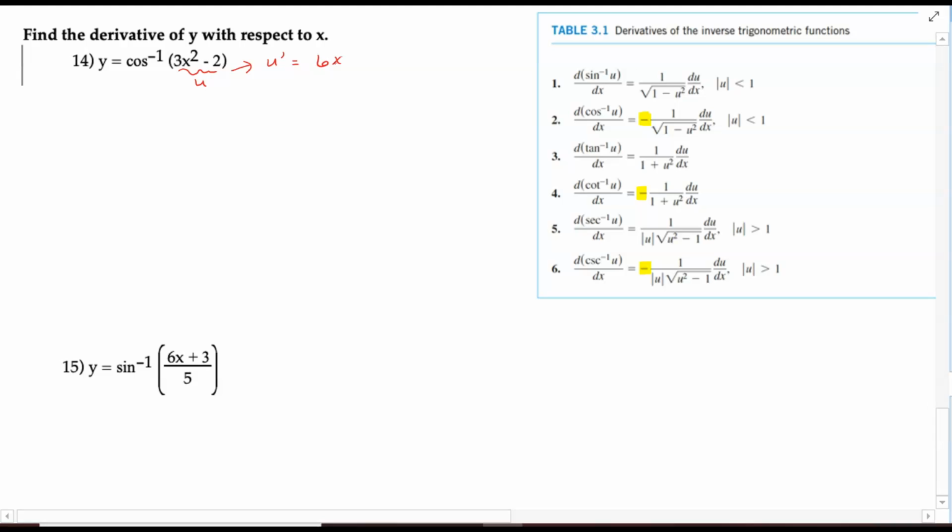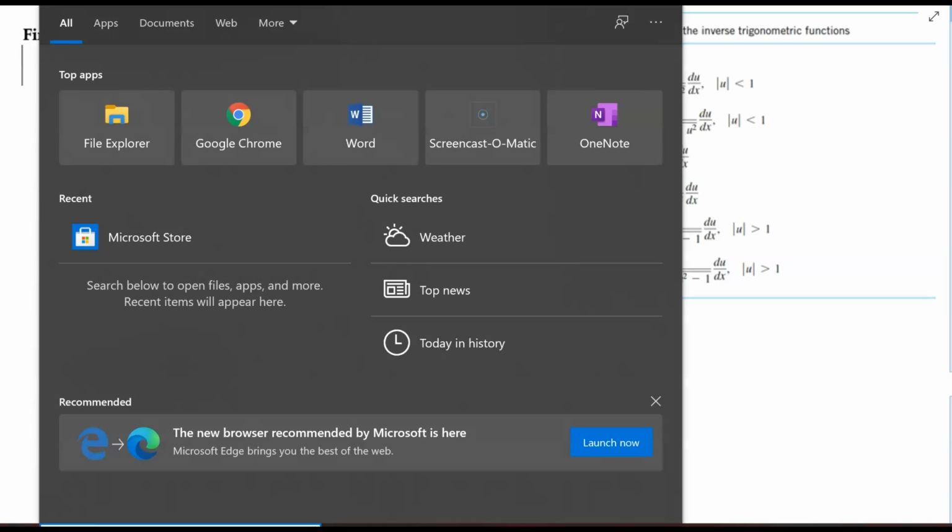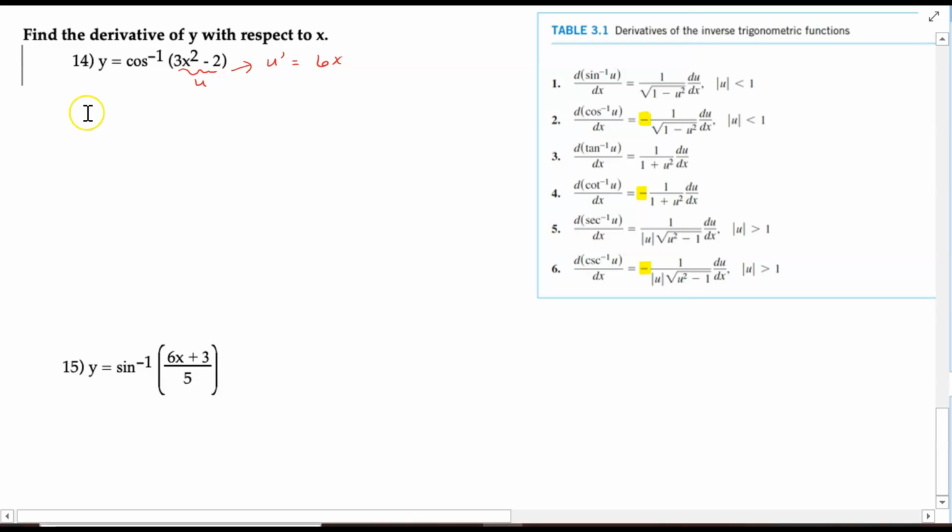Now let's apply the rule for cosine inverse. The rule for cosine inverse says that you take negative 1 over... okay, give me 1 second. So y prime equals negative 1, and I really don't need to write negative 1, I'll just put a negative in the front.